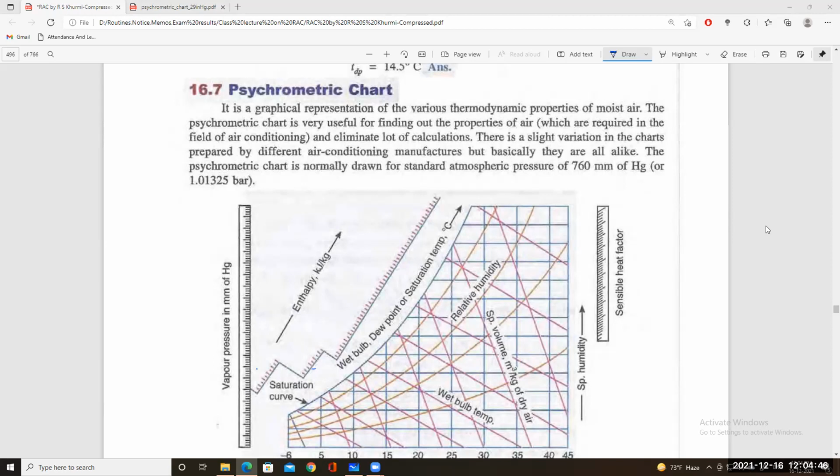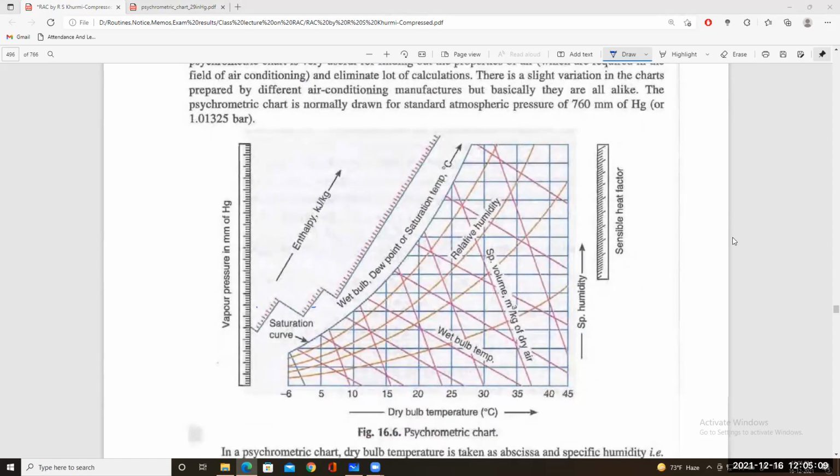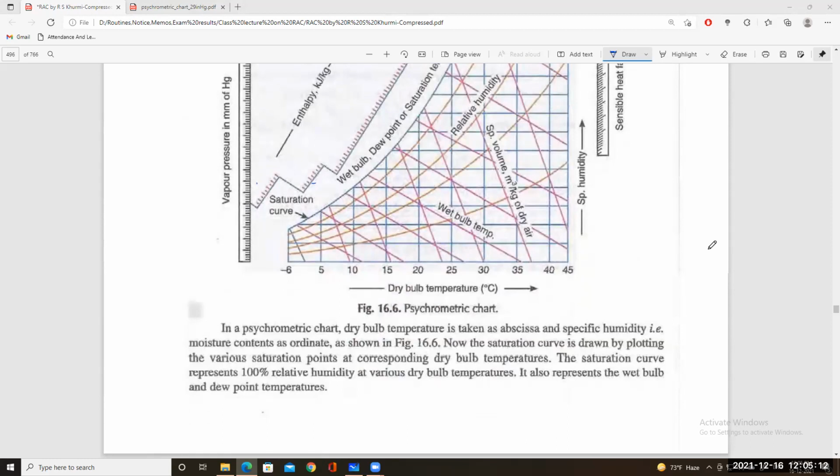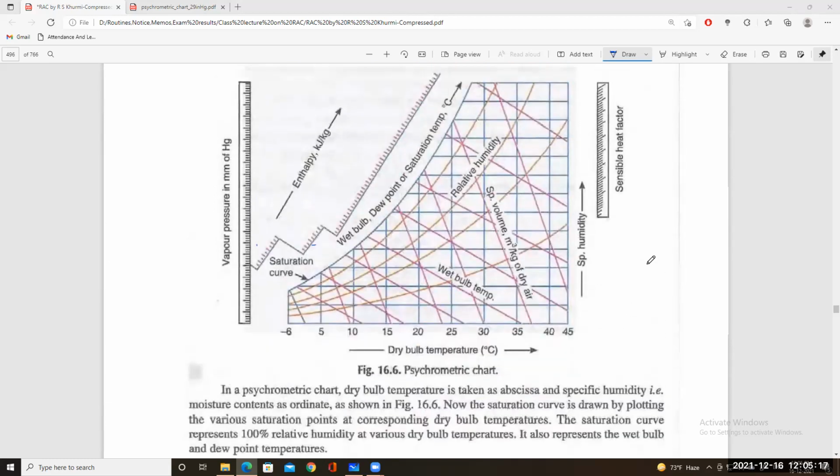There is a slight variation in the charts prepared by different air conditioning manufacturers, but basically they are the same. The psychrometric chart is normally drawn for the standard atmospheric pressure, or 760 millimeter Hg. In the psychrometric chart, the dry bulb temperature is taken as the abscissa.